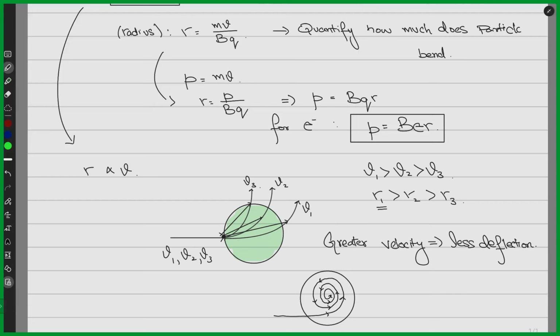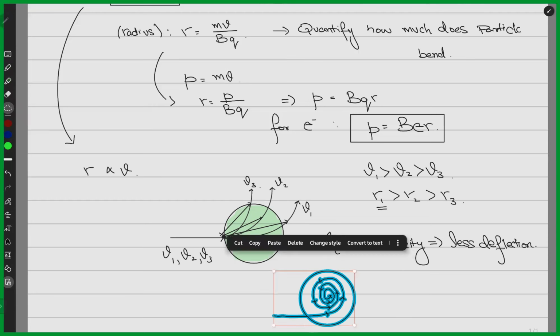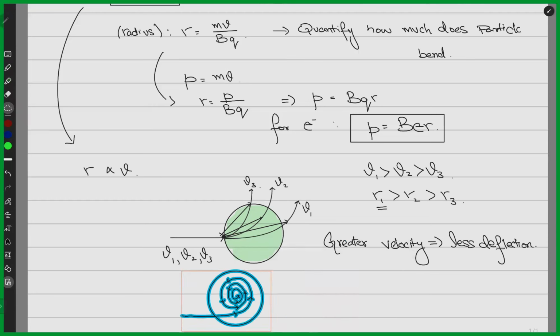So the particle goes inside the magnetic field and it spirals with a decreasing radius. The hint is that the radius is decreasing. In this example, the radius of the path that it's following is decreasing. What does that tell you about the kinematics of the particle?